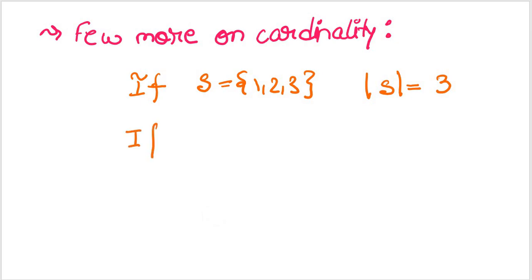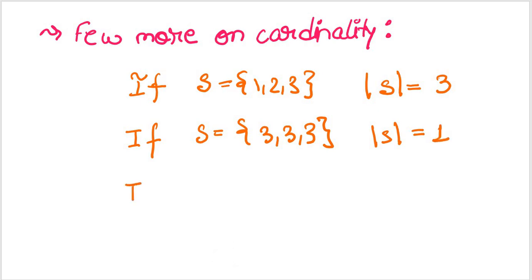Now let me bring a minor twist to it. If S equals to, let's say, {3, 3, 3}, in that case the cardinality will be 3 or 1? See, we talk about unique elements, right? So in this case I'll have cardinality as 1 only because the uniqueness is 1.